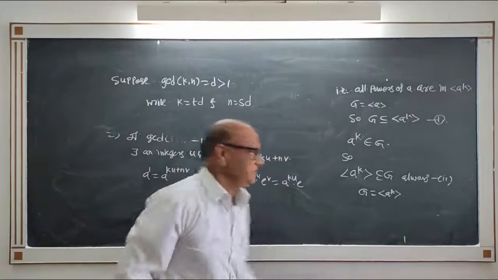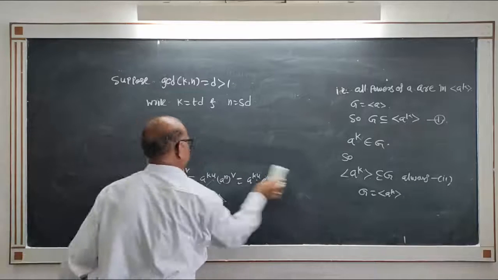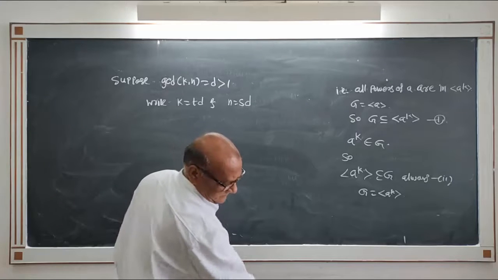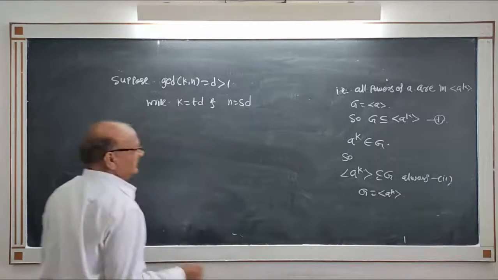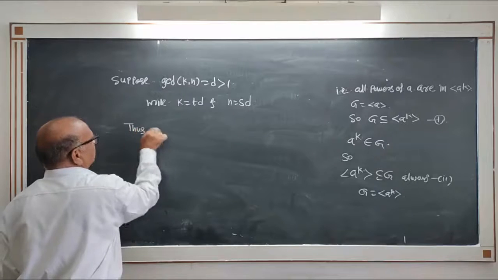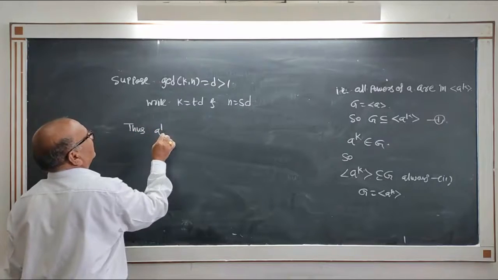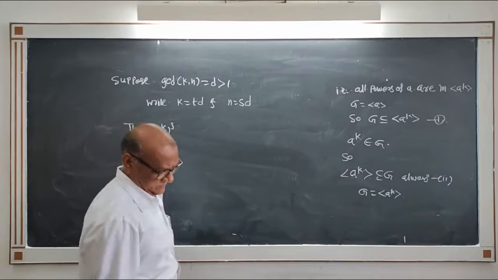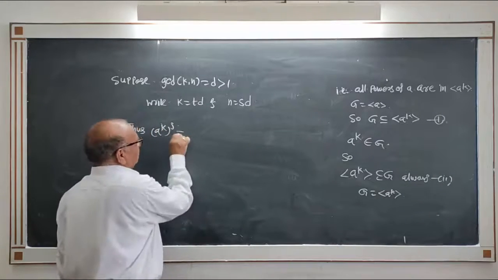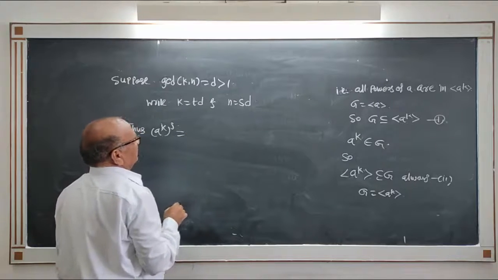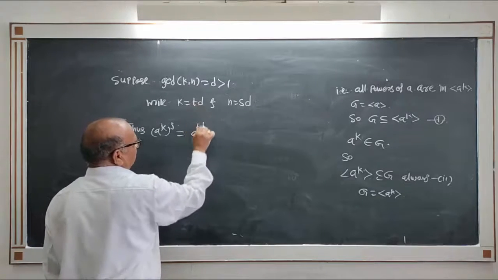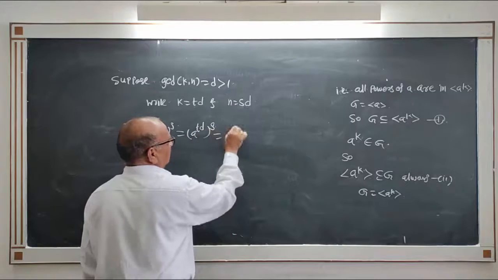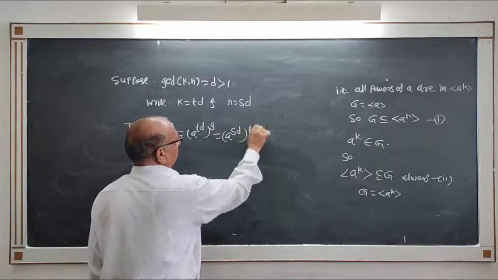Here a to the power k, to the power s, is equal to a to the power tds, that is a to the power sd, to the power t.